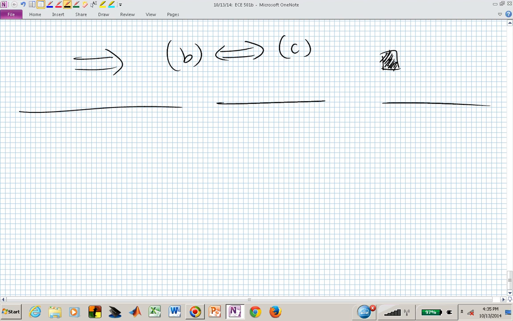Let's now talk about some of these upper triangular matrices, or simply examine some statements about upper triangular matrices.